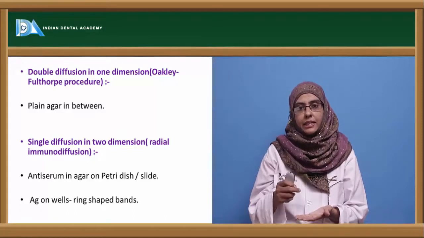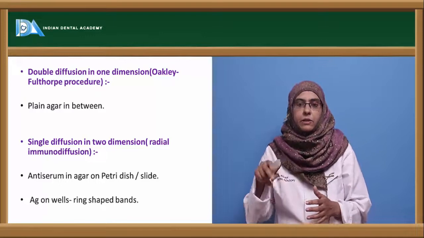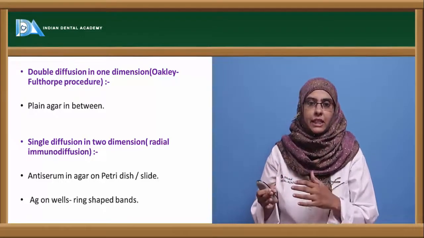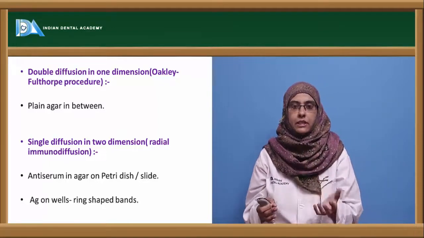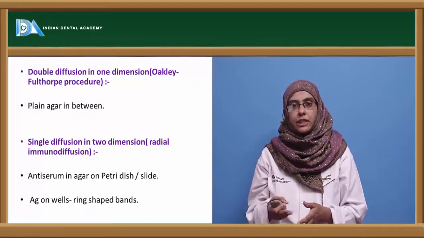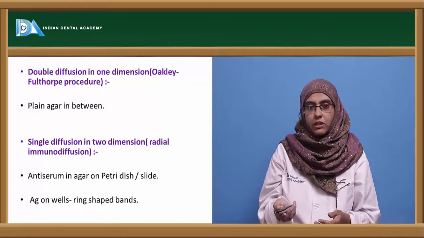Now this antigen diffuses in the agar and forms a ring or band of precipitate depending upon the interaction between the antigen and antibody. The larger the diameter that is formed, the higher the concentration of the antigen. So here the positive result is usually estimated as a ring or a band of precipitate around the well.